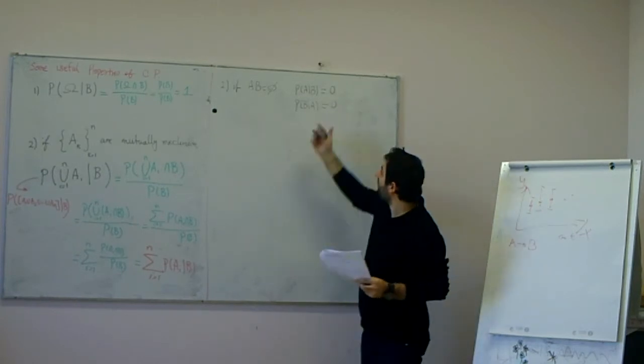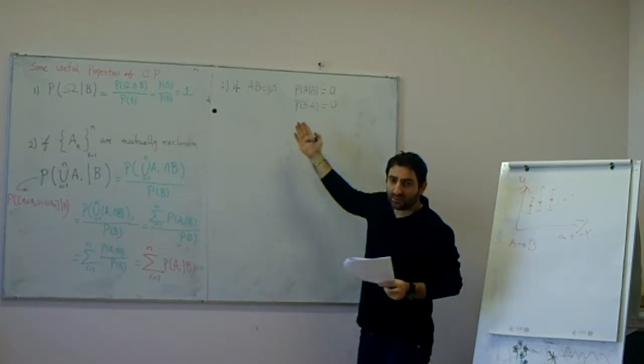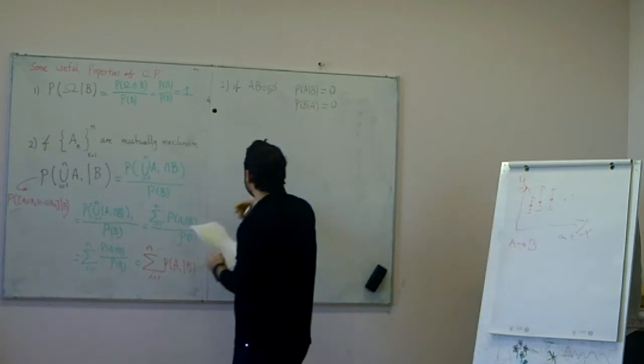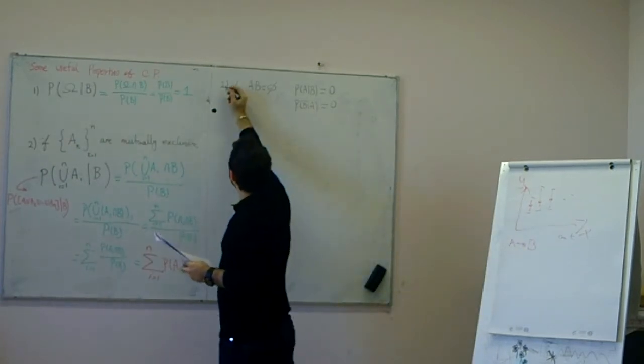Because it is the probability of the intersection of A and B divided by the probability of A or B. This is 3.